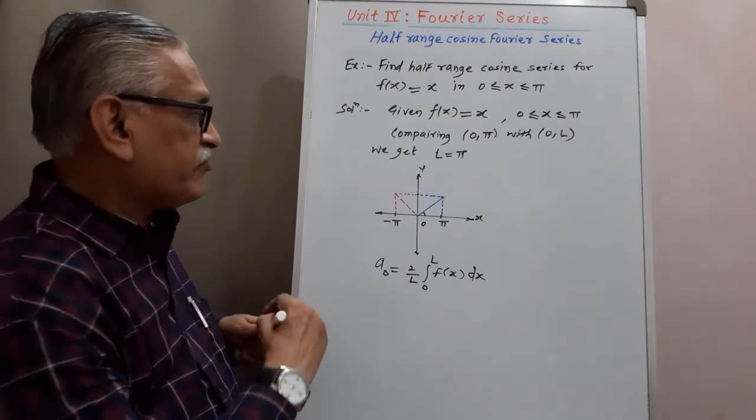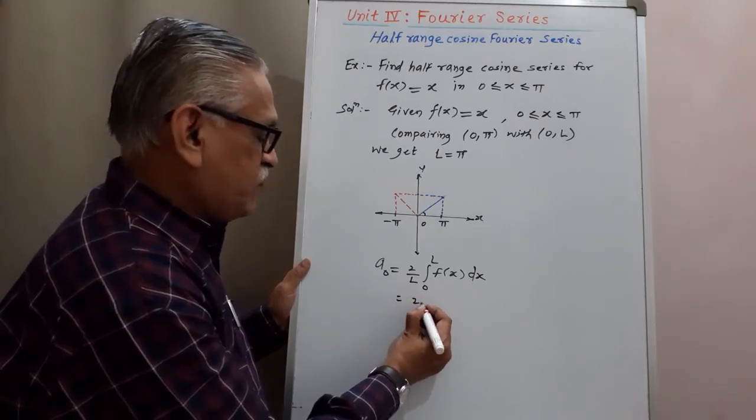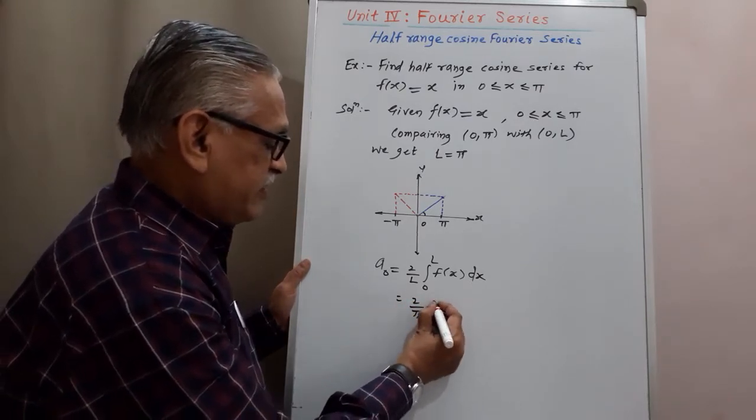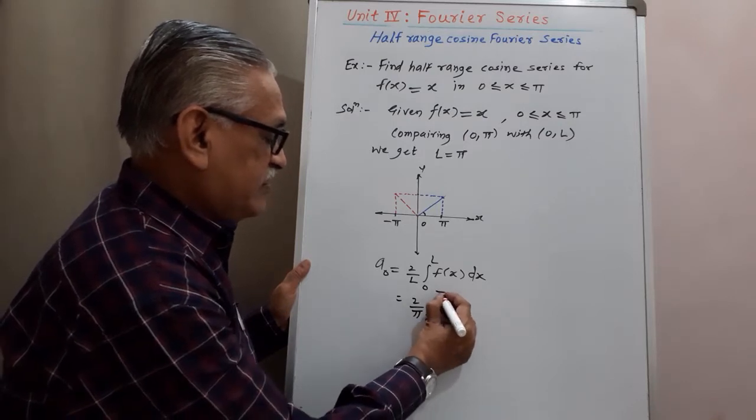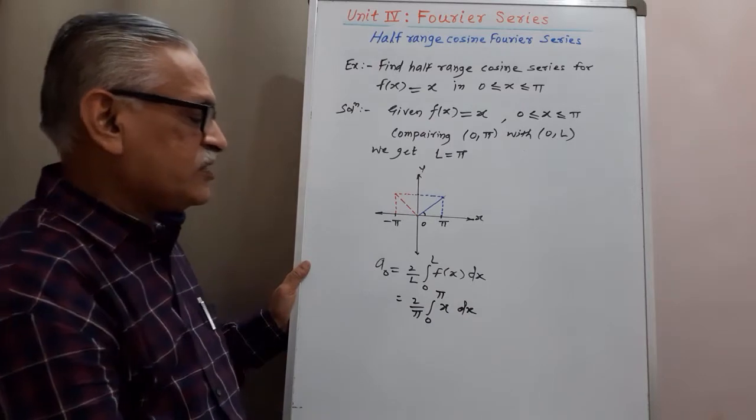The value of L is here pi, therefore it is 2 by pi integration from 0 to pi, f of x is x, and its integration with respect to x.